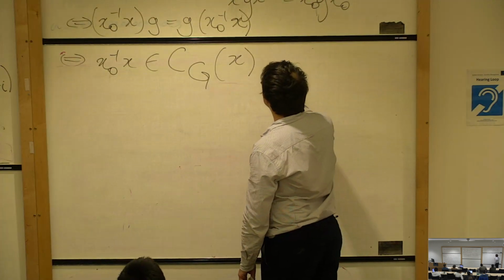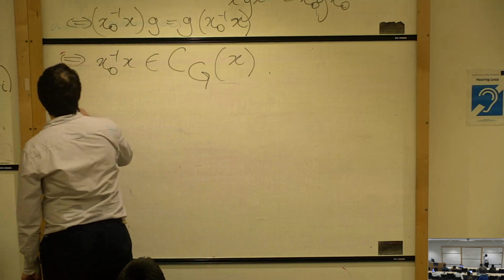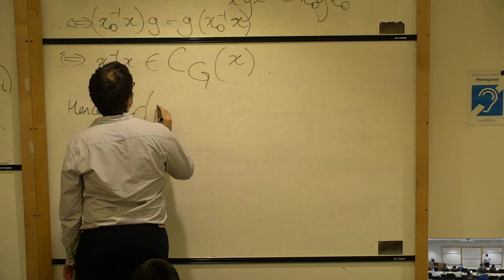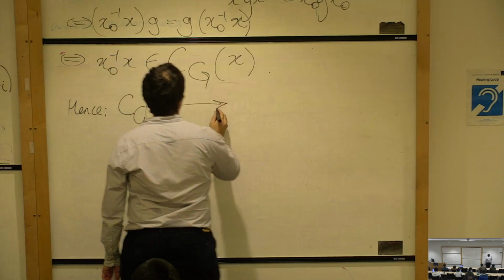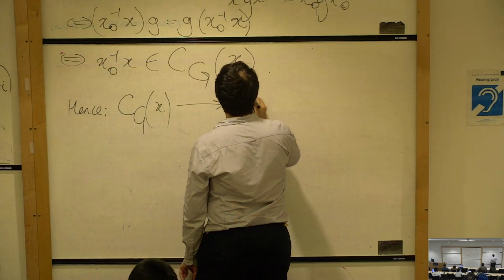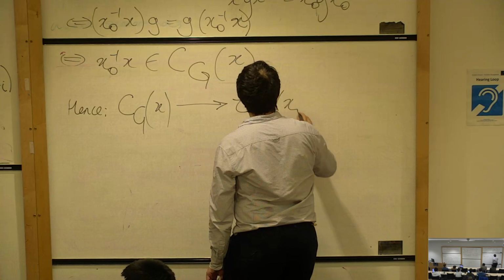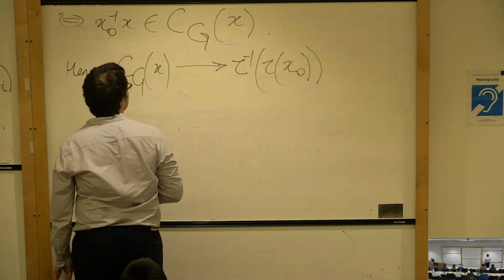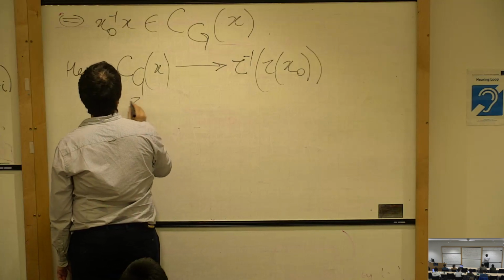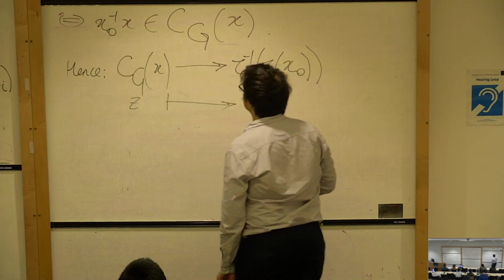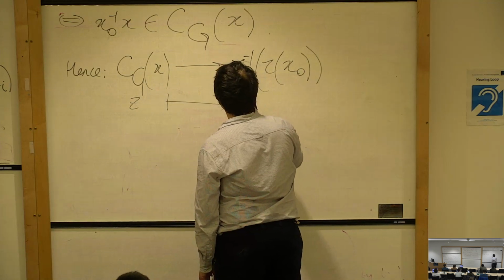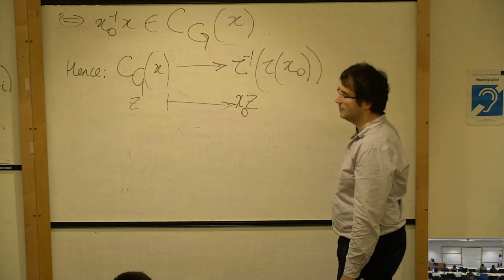Good. So the conclusion is, hence, this proves that the map from the centralizer to the full preimage of the image of some element x naught, sending something like z to z x naught, is a bijection.